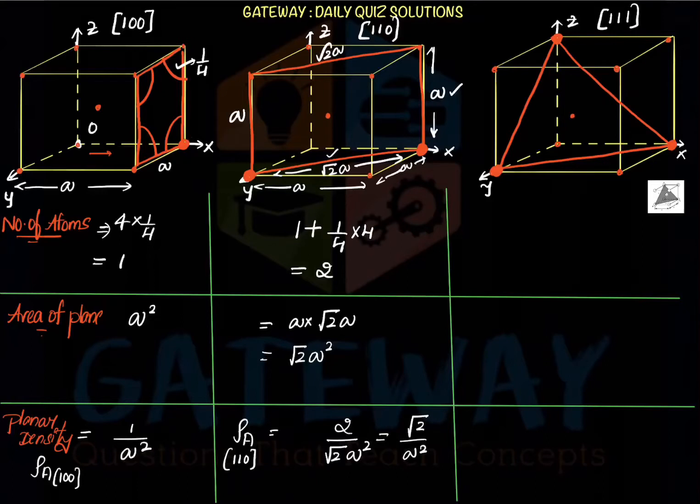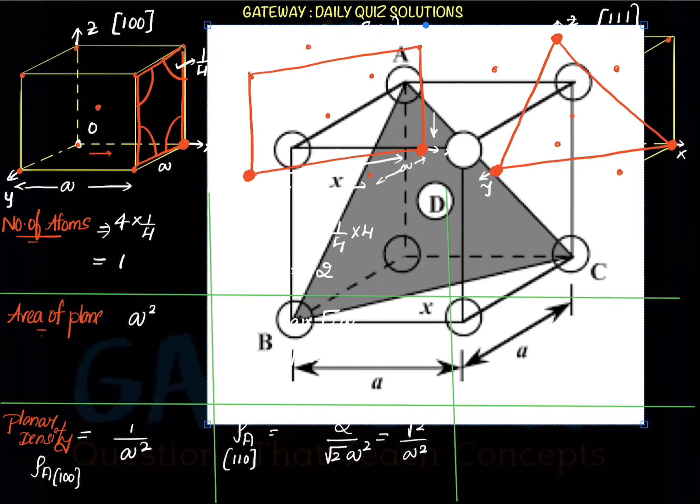And the more interesting thing here is this triangle doesn't touch the central atom. This triangle doesn't pass through the central atom. It will not intersect the central atom. This is how it looks like. Right, you can observe here.